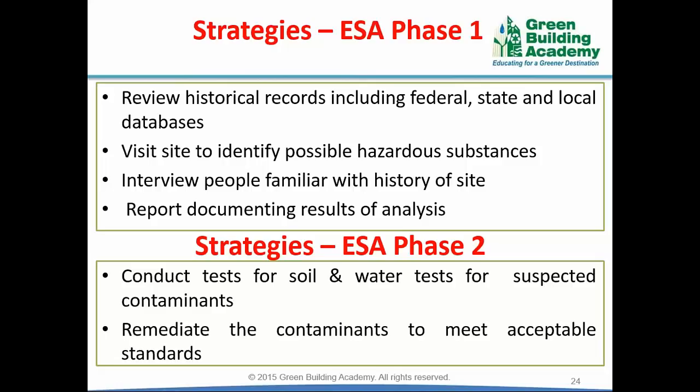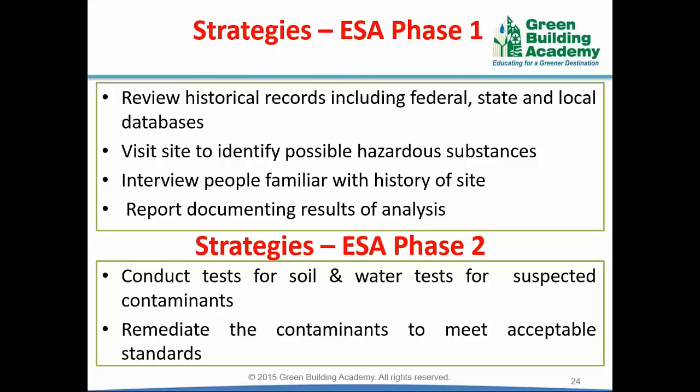It might appear as flat land for now, but 30 years back it might have been a factory, a garage, or a workshop. So that will show there might be possible contaminants in the site, even if you see flat land. Experts will visit the site to identify possible hazardous substances, interview people familiar with the history of the site. You can interview the neighborhood, and write a report documenting the results of analysis.